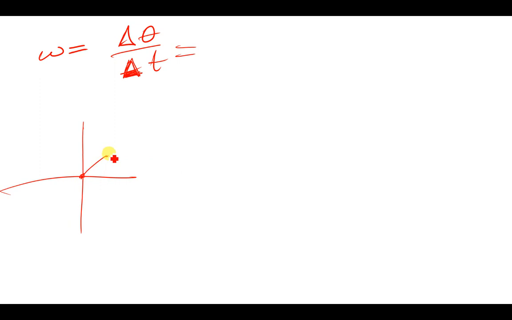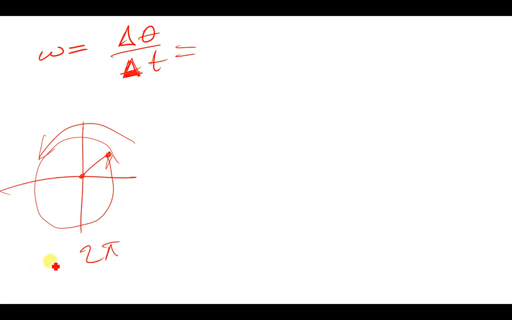Okay, so the other thing that we need to note is that the angular velocity is equal to the change in displacement over the change in time. So the change in displacement, for instance, for this ball that we had, which was rotating, if it makes a complete revolution, we're going to have a complete revolution equal to 2 pi.